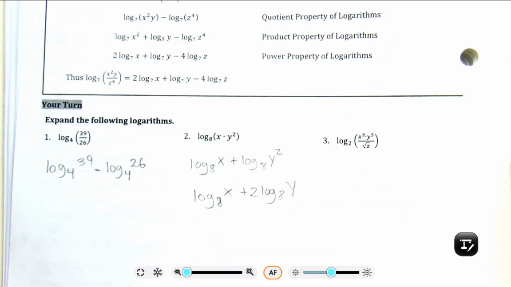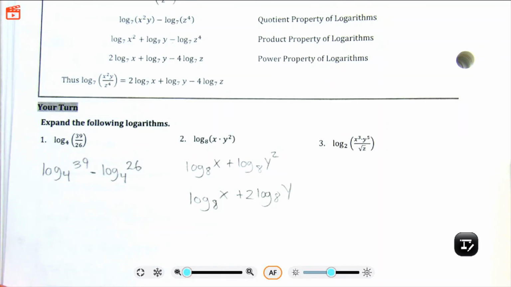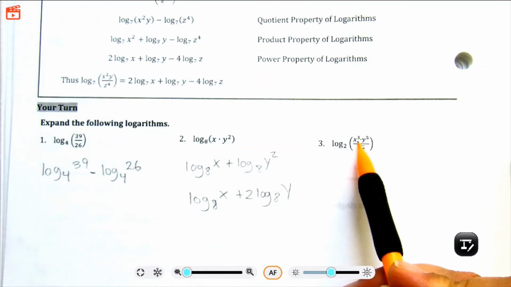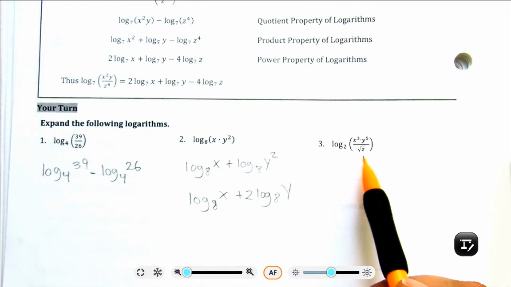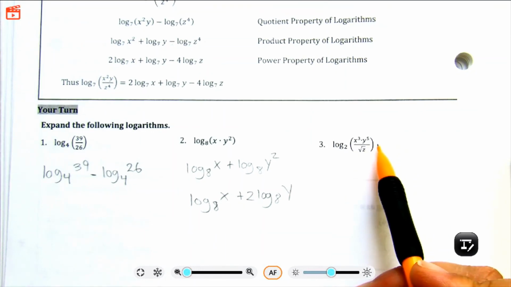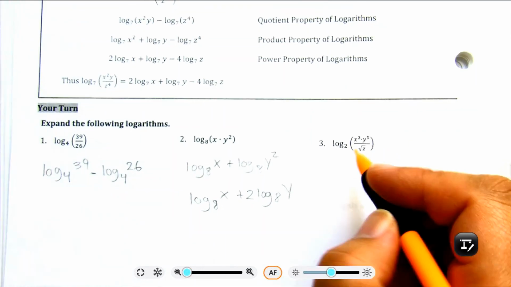And the last one, I guess the most challenging one, we have multiplication and we have division. Let's start by separating this as a quotient property. So we're just separating the numerator from the denominator with subtraction.